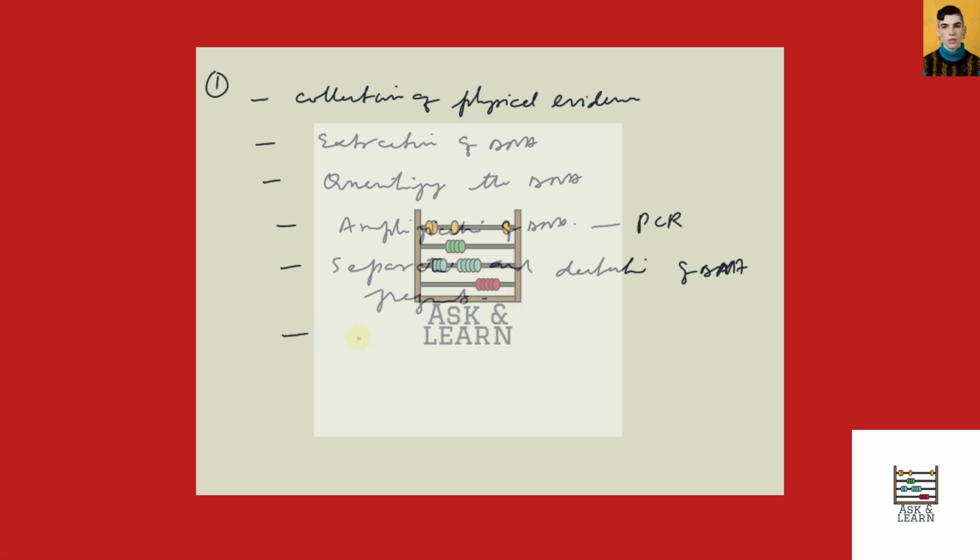Then after that, we have comparison of DNA profiles. The DNA profile obtained from the evidence is compared to the DNA profile of the individual in question to determine if there is a match or not.